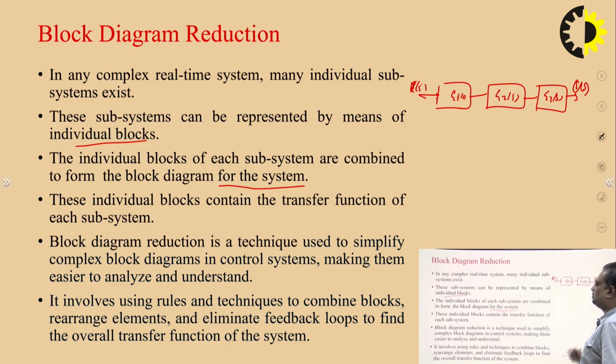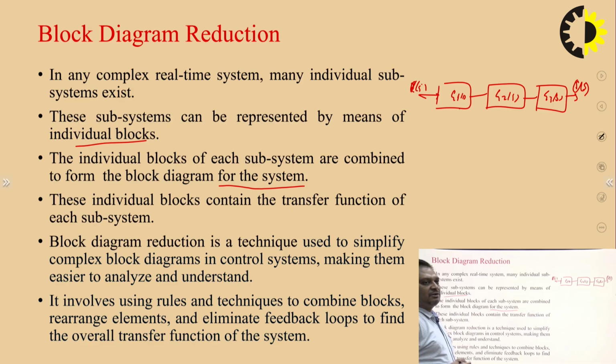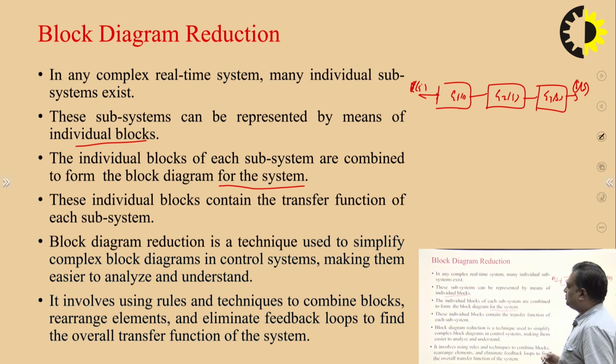Block diagram reduction is a technique used to simplify complex block diagrams in control systems, making them easier to analyze and understand. So for better analysis, we have to reduce the block diagrams. It involves using rules and techniques to combine blocks, rearrange elements, and eliminate feedback loops to find the overall transfer function of the system.